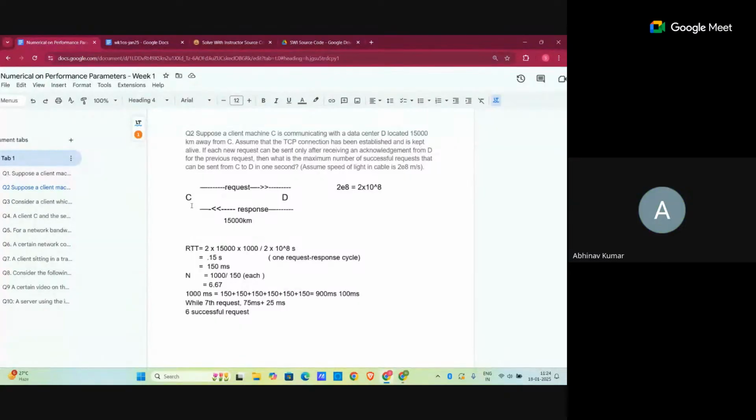But ma'am, by the calculation, we know the request will reach the server, but we will not get any response. So is it a successful request or not? By the calculation it is not a successful request. If we are not receiving a response for the request that is being made, then it is not a successful request.